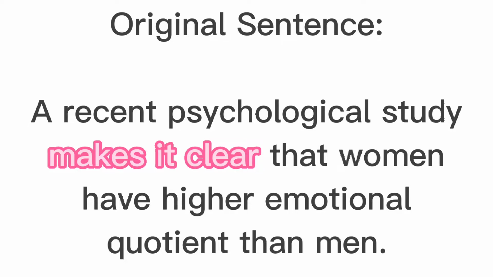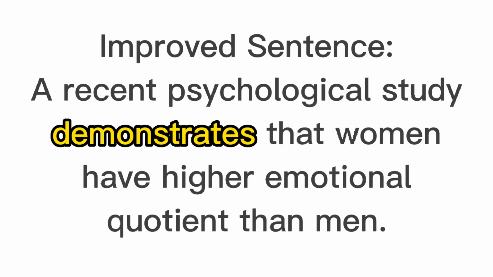This is a much improved sentence: A recent psychological study demonstrates that women have higher emotional quotient than men. So instead of using the verb phrase makes it clear, now we prefer to use the verb demonstrates, which is more dynamic and precise.